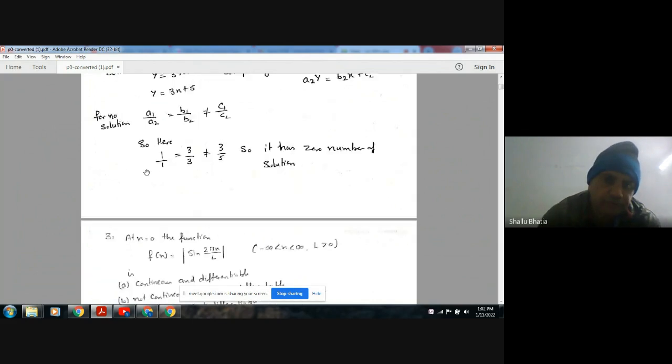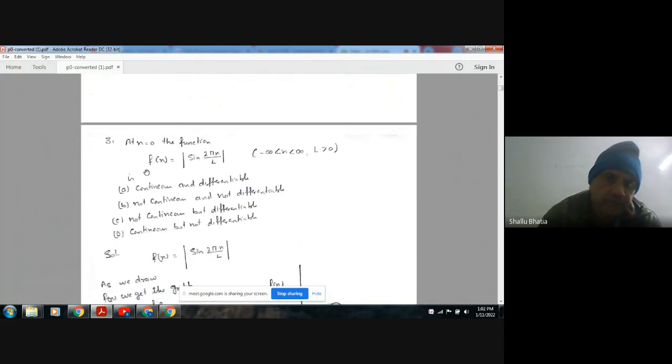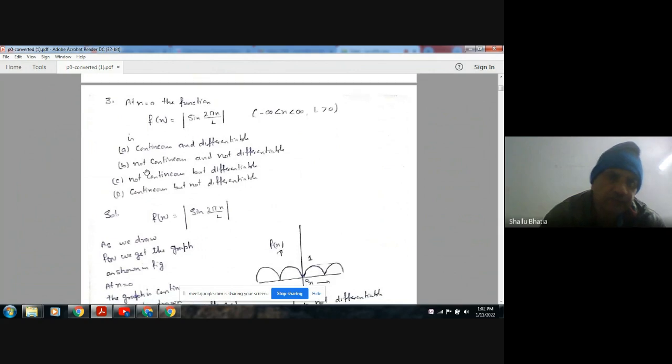Okay. Next, at x equals 0, the function f(x) equals modulus of sine of 2 pi x divided by L, where x varies from minus infinity to infinity and L is greater than 0, is: continuous and differentiable; not continuous and not differentiable; not continuous but differentiable; continuous but not differentiable.